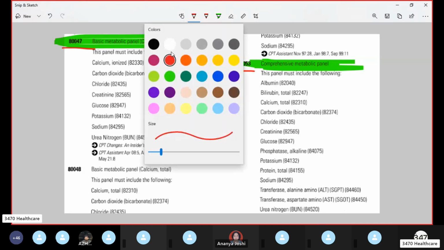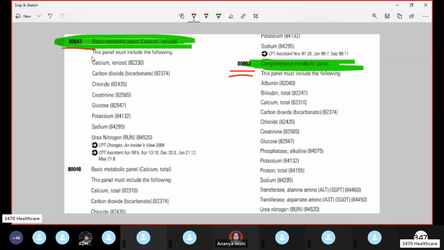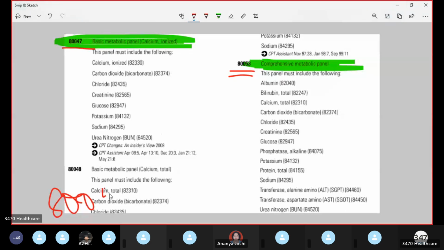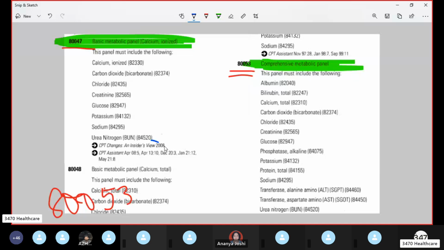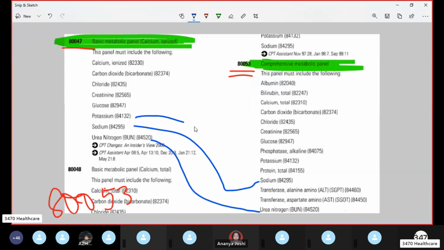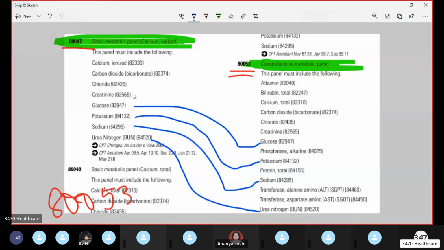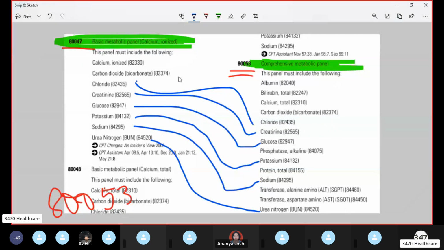Okay, here I'm comparing the two panels. 80053 is the higher panel. So I gave that first, and I'm comparing whether the smaller panel's tests are present in the higher. Urea nitrogen present in the higher, sodium present, potassium present, glucose present, creatinine present, chloride present, carbon dioxide present, calcium ionized.